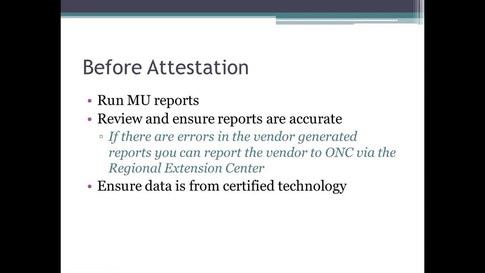We have a process to document what exactly the issue is, what the differences are between what the report is showing and the standards and certification criteria that this product was supposed to go through. Then we document how the vendor has tried to fix this problem, and it is submitted for review. So if you are having those problems, give us a call. Also make sure that all of the data on these meaningful use reports is from certified technology.